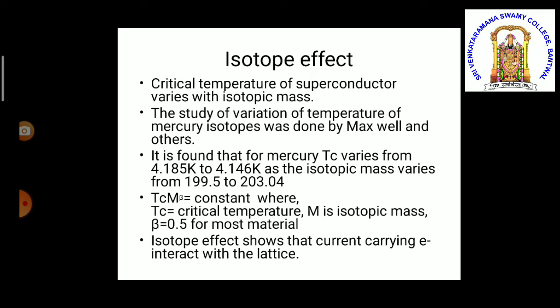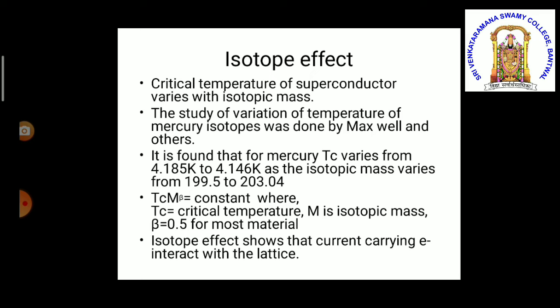The variation of critical temperature of mercury isotopes was studied by Maxwell as well as other scientists. It was found that for mercury, the critical temperature varies from 4.185 Kelvin to 4.146 Kelvin as the isotopic mass varies from 199.5 to 203.04.